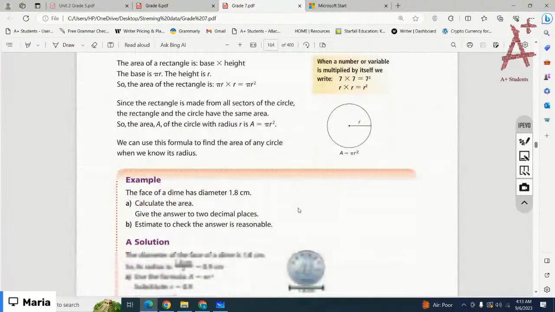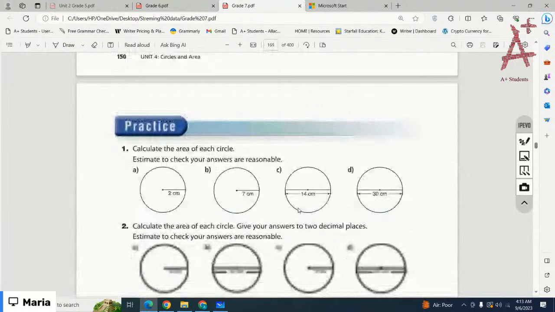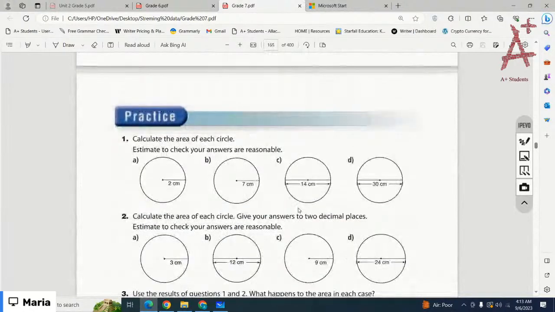Here is the practice question. Calculate the area of each circle. Estimate. Check your answer to see if it is reasonable. You are given a circle and the radius of the circle, and you have to calculate the area of the circle.